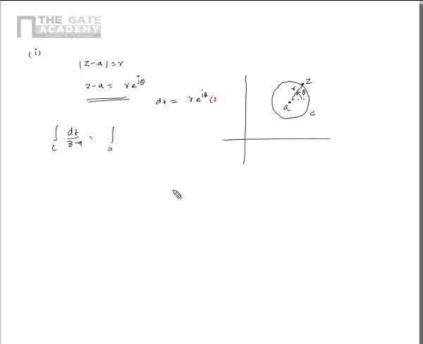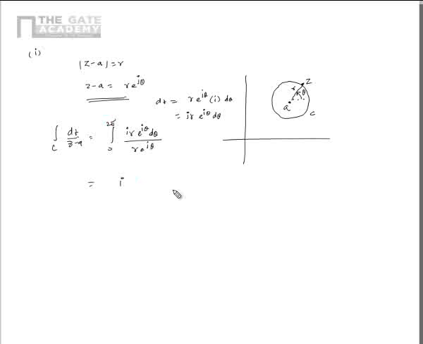Differentiating with respect to theta, I can write dz as I r e power I theta d theta. Now putting everything in polar form, z minus a is r e power I theta. The variable of integration is theta, so it goes from 0 to 2 pi.